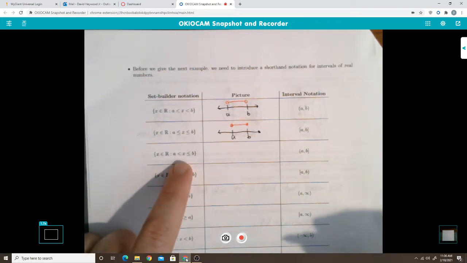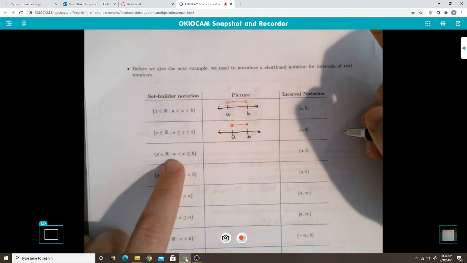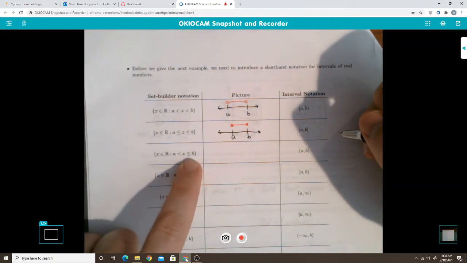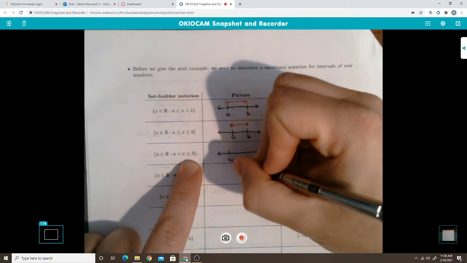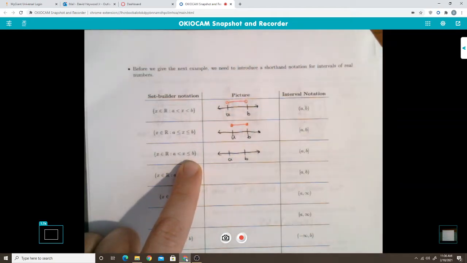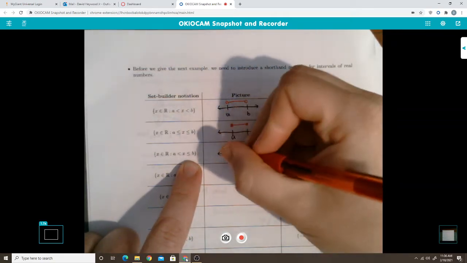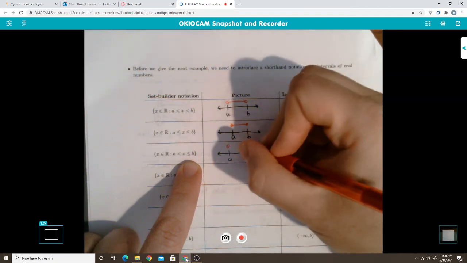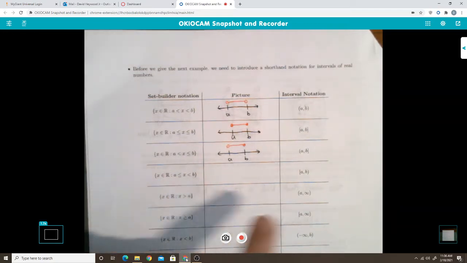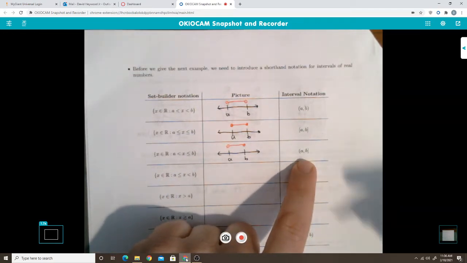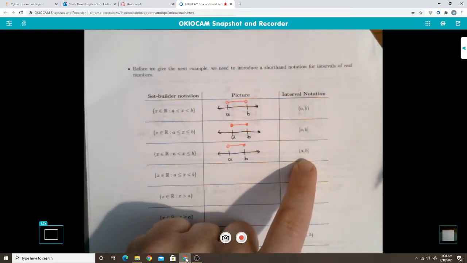So and then you can have all kinds of combinations of these things. So you could have where a is not included but b is included. So a is not included, so it gets an open circle. B is included, so it gets a closed circle. That's what that interval looks like. And here's what it looks like in interval notation, right? So a is not included, so we use a parenthesis.